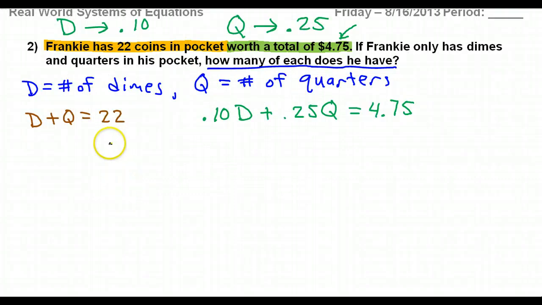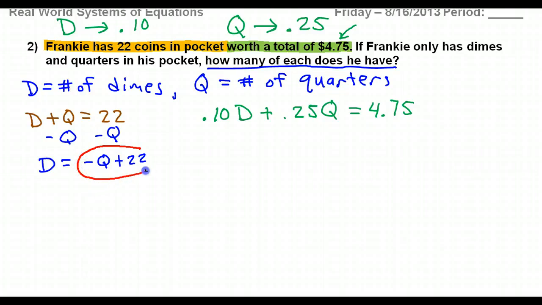So for the substitution method, we need to get one of these variables by itself. So let's just subtract Q from both sides. So that's going to give us D is equal to negative Q plus 22. Now we are ready for the substitution.